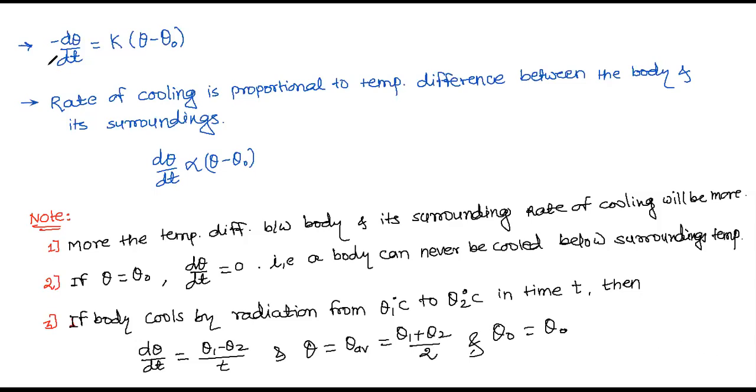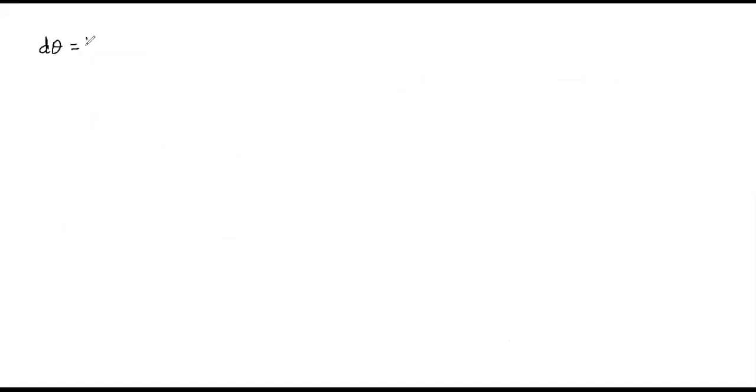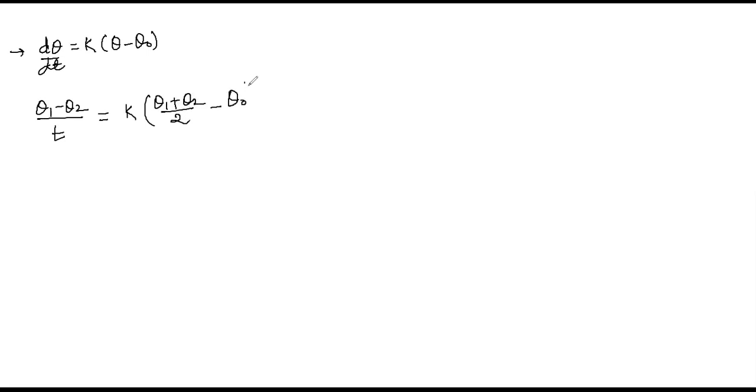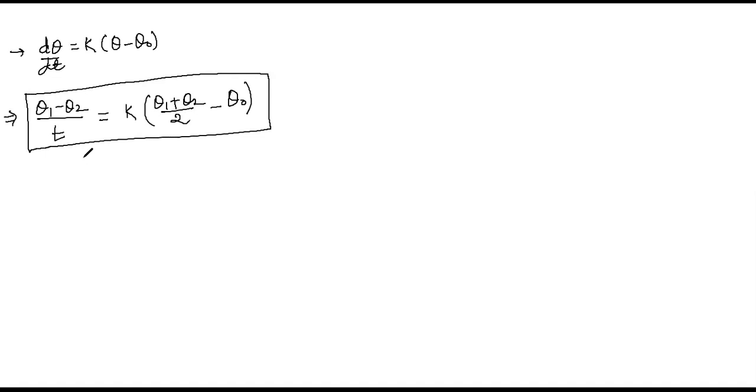Therefore, d theta by dt is equal to k into theta minus theta naught will become theta 1 minus theta 2 divided by t is equal to k into theta average, that is, theta 1 plus theta 2 divided by 2 minus theta naught. This will be your formula when they give this case. Clear?